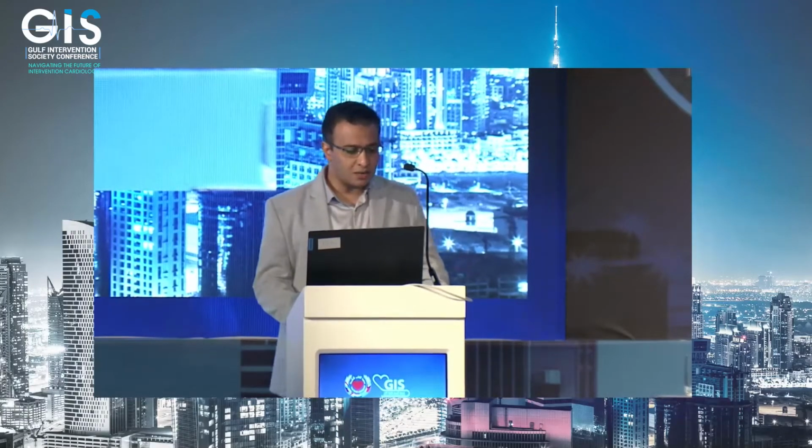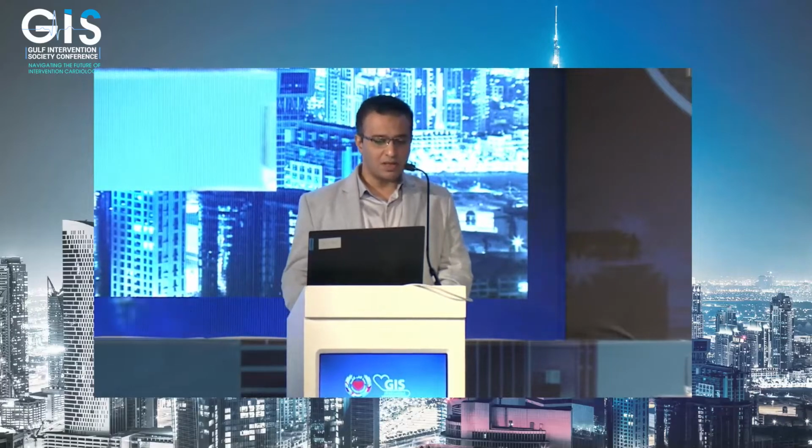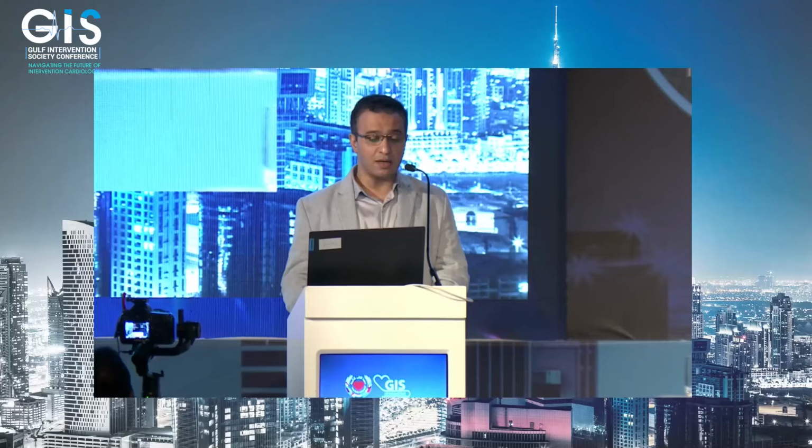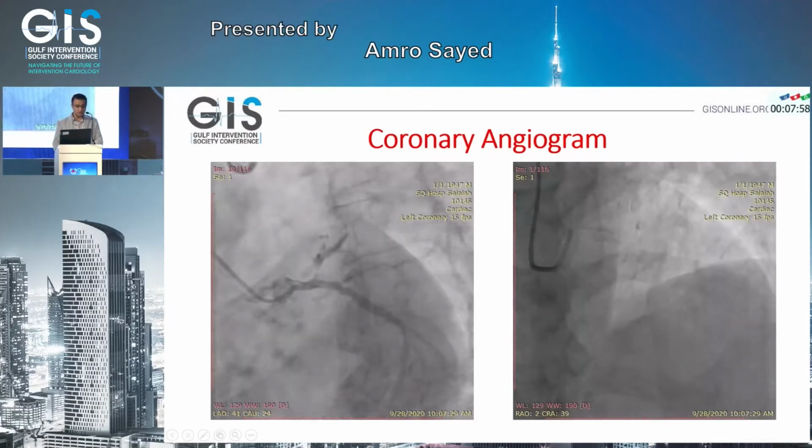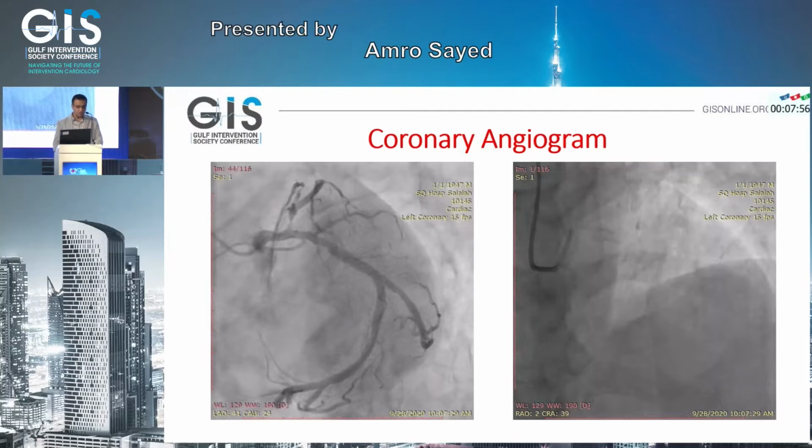Actually, it's 2 cases, 2 similar case scenarios. Case number 1: a 73-year-old male patient came with non-STEMI. Echo is about 45%, and this is his angiogram. So it is a left dominant system.